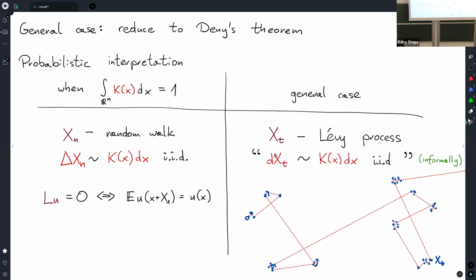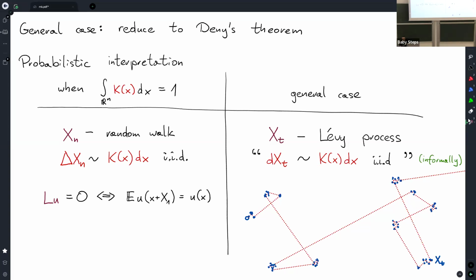So the differential of Xt is in some sense a family of IID increments, which are somehow related to the distribution given by that infinite distribution with density K. That's a very informal way to introduce Levy processes.